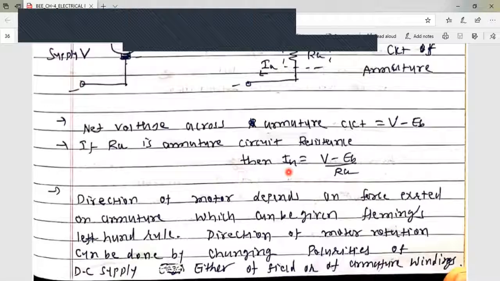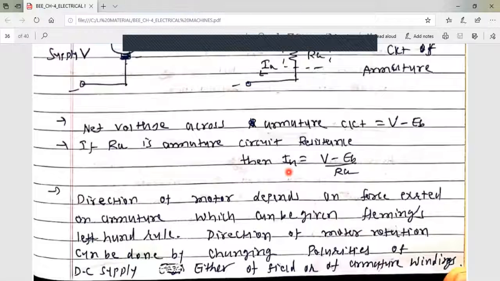Again, I will revise from the first. DC machines have two parts, DC motor and DC generator. You have to keep in mind these important points. Construction of both DC motor and DC generator is the same.